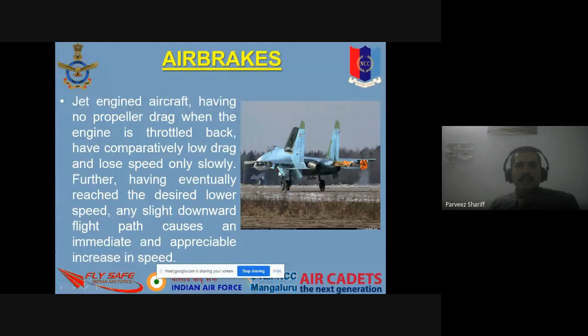Now if you see in this aircraft, there is another secondary control. If you see this opening here, the hydraulic opening, this is called an air brake. Basically, a fighter aircraft will not land at a lesser speed because the wing structure is designed in such a way that it cannot provide lift at lower speed. They are meant to fly at high speed.